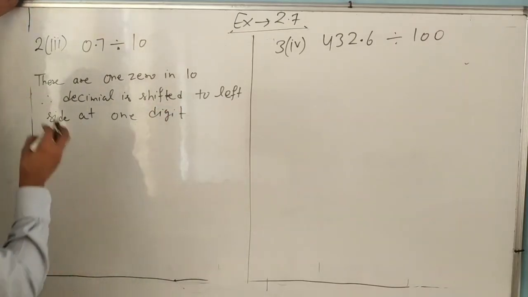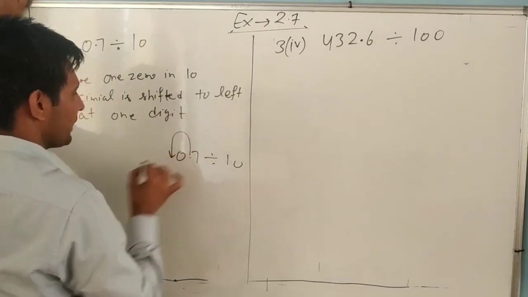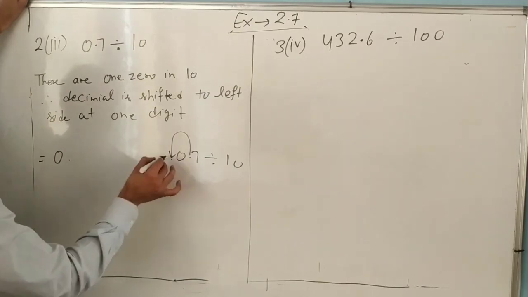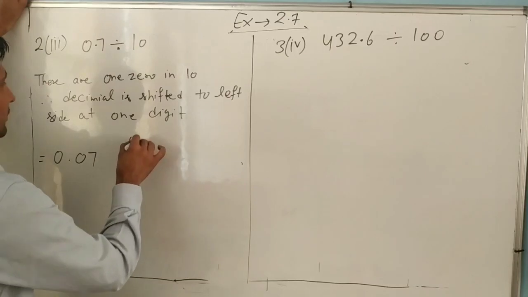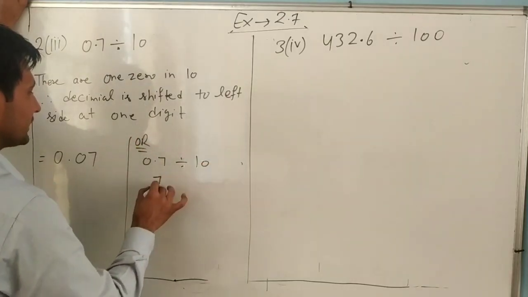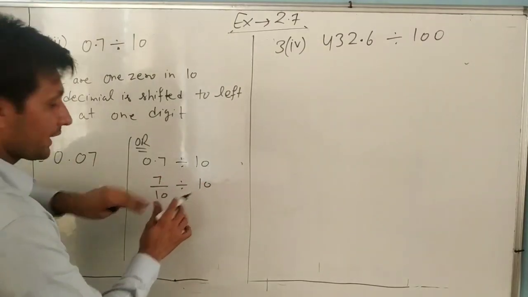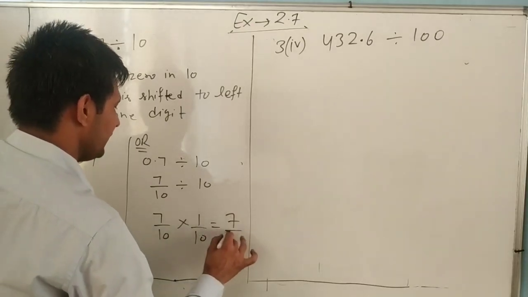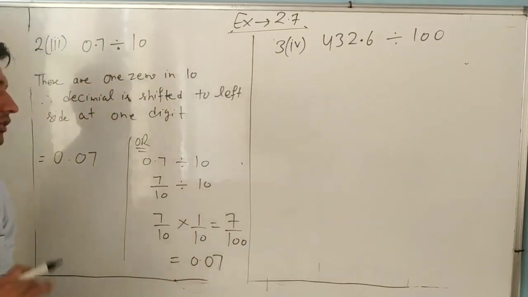So 0.7 divided by 10 will come here. So it means 0.07. Otherwise, you can solve by this method also, dear. 0.7 divided by 10. 7 upon 10 divided by 10. Reciprocal of 10 is 1 upon 10. So 7 by 100. So after the decimal 2 digits, 0.07.